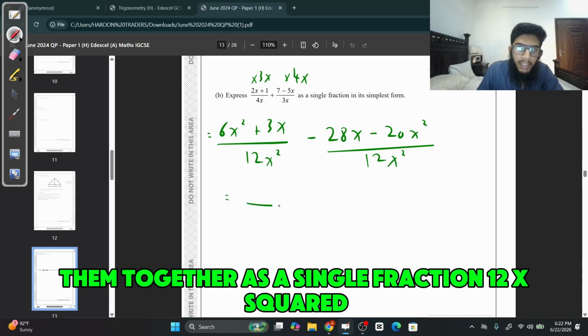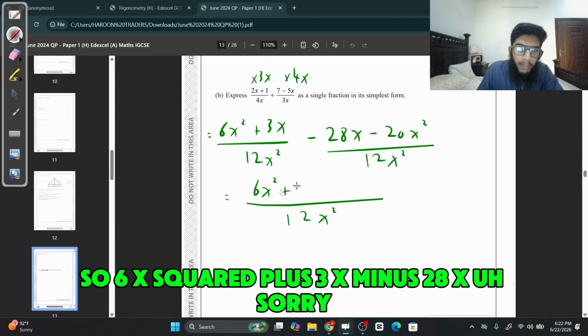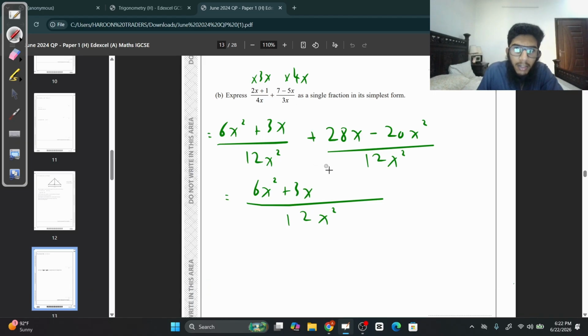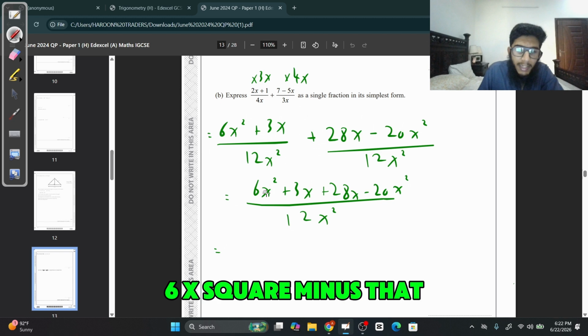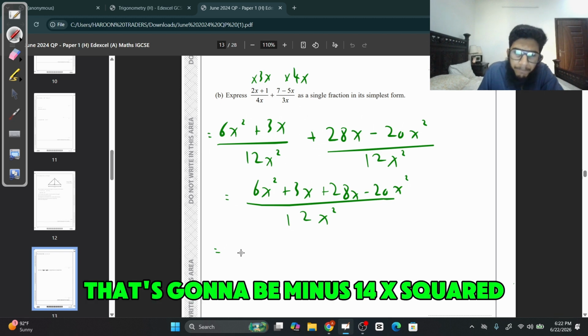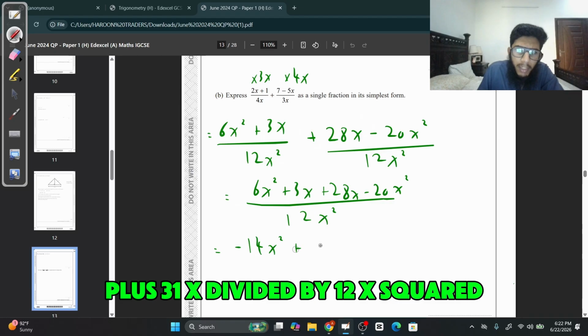I'll write them together as a single fraction, 12x squared. So 6x squared plus 3x minus 28x, plus, not minus. So plus 28x minus 20x squared. Simplified further, 6x squared minus that, that's going to be minus 14x squared plus 31x divided by 12x squared.